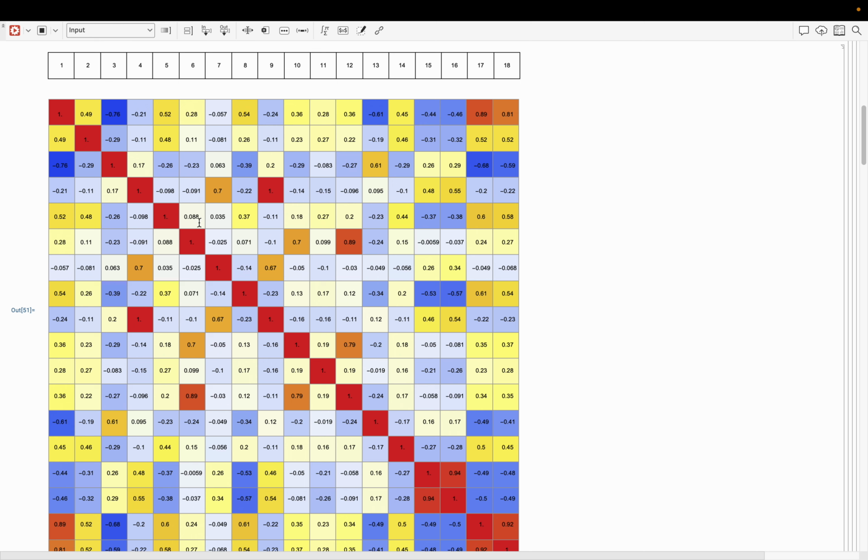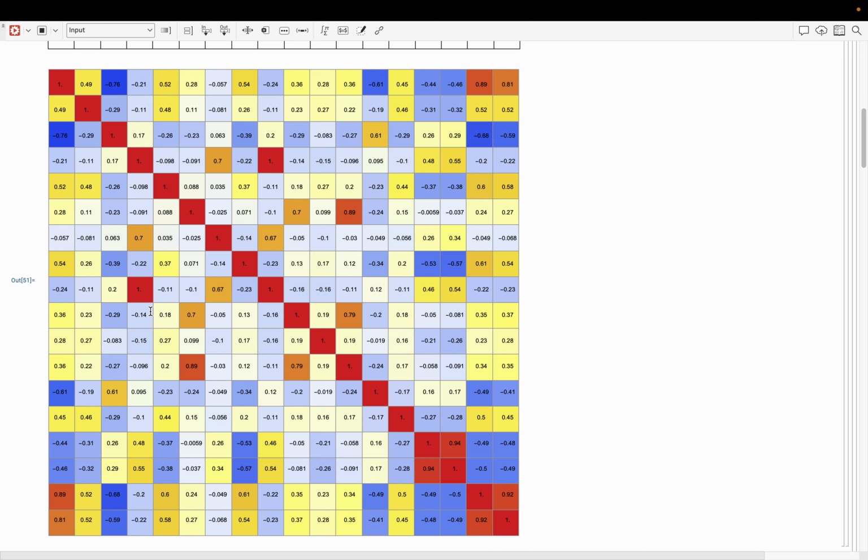Then we look at the whole table, and here we see some pairs or even bigger subsets of variables that are correlated between themselves. Now, definitely, there is some rounding here. This one isn't probably really exactly one, as on the diagonal, but something close to one.